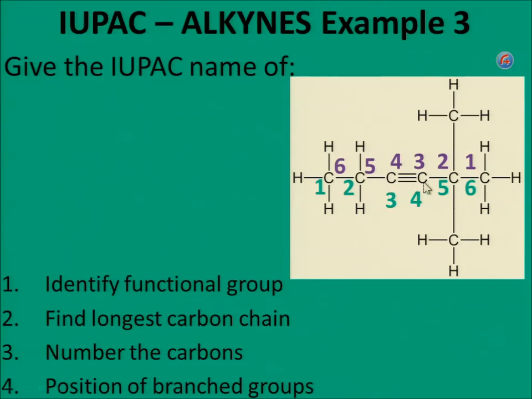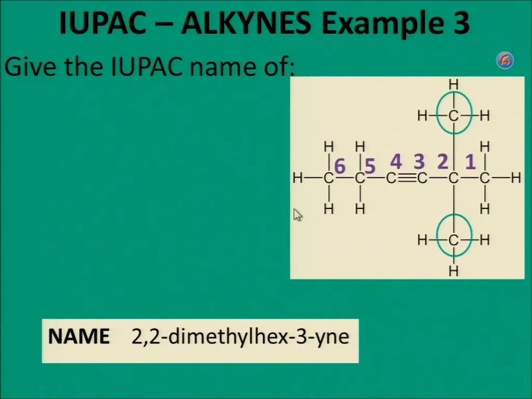Since the triple bond is in the middle of the molecule, you move to the substituents and then you get 2 lower than 5. Now you look at your substituents. There's methyl at carbon 2 and another methyl at carbon 2. Then you can write down the name.